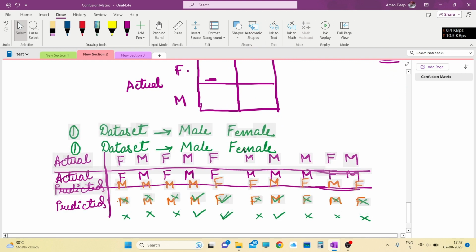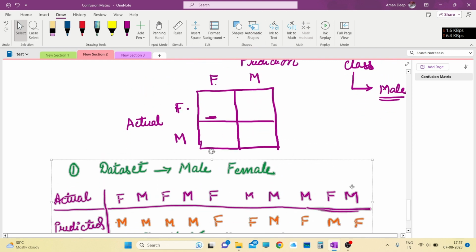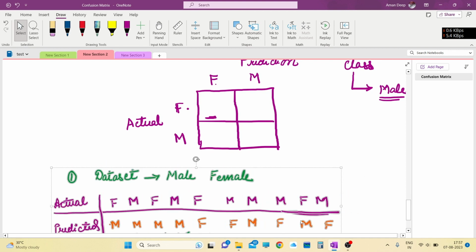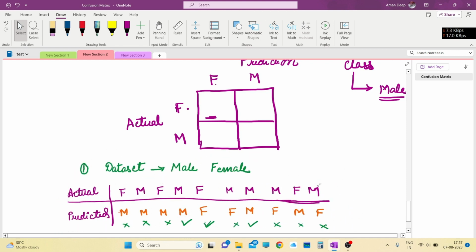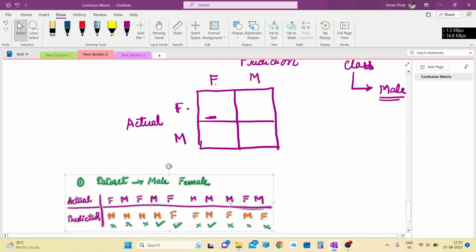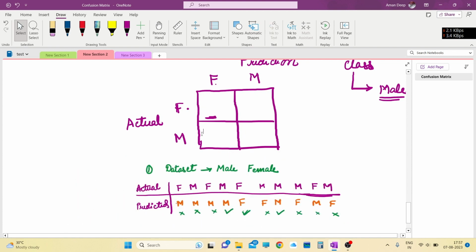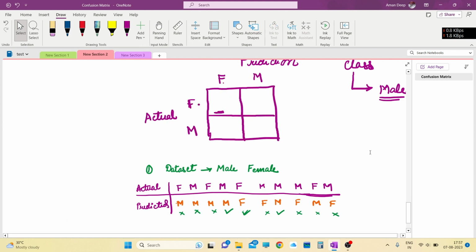Okay. I can make it small, that's a good thing. So how many females are there and how many of them have been predicted as females? Female and predicted as female, one case. There is only one case. I'll put here as 1.